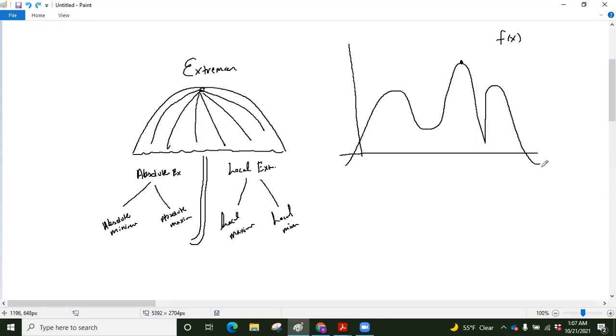Of course, there is a case to be made where we could say these are the lowest points, but we'll skip over that for now, and we'll say this is the lowest point.